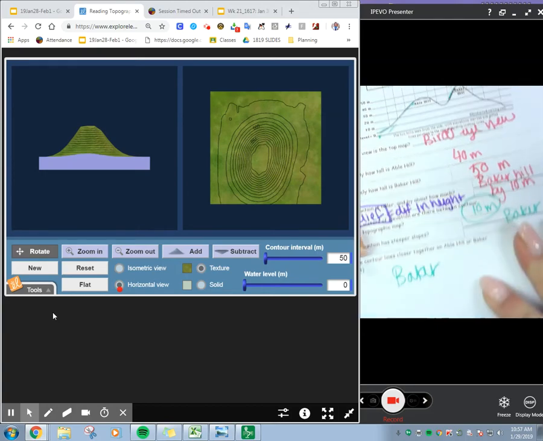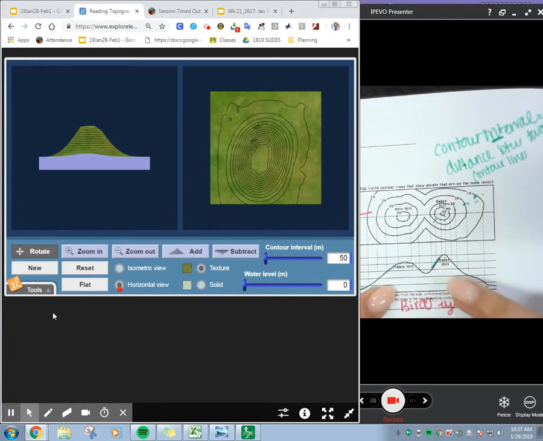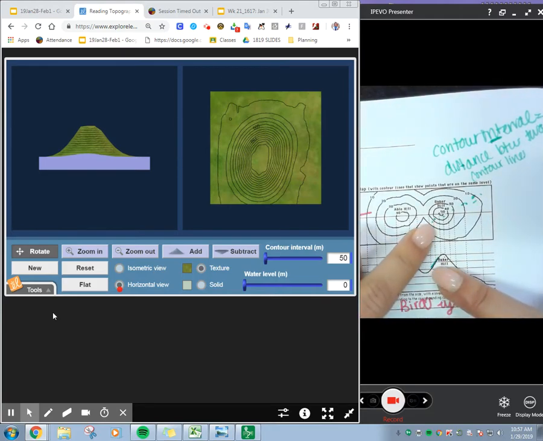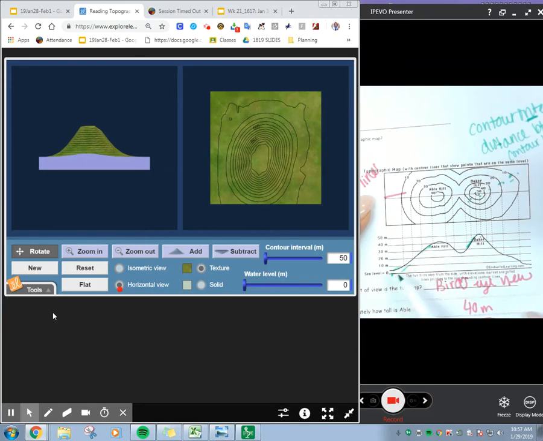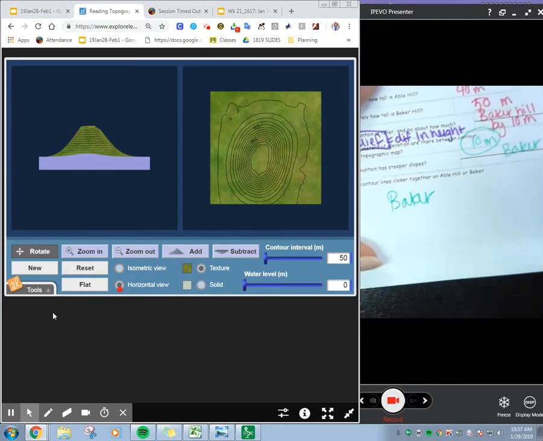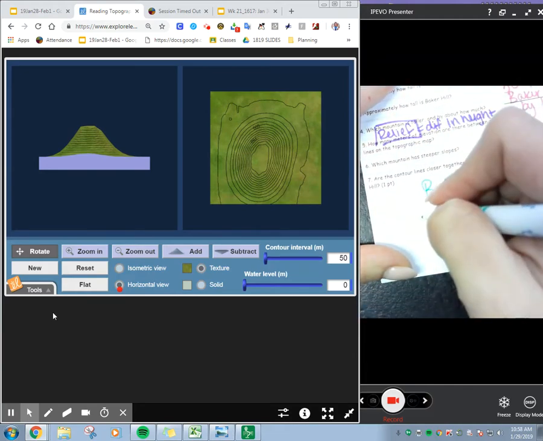But this means something. So you see how it's steep right here? And look how the contour lines are. If it's steep, the contour lines are close together. But look at Able. You see how the land gradually increases? The lines are more spread out. So here is a trick.